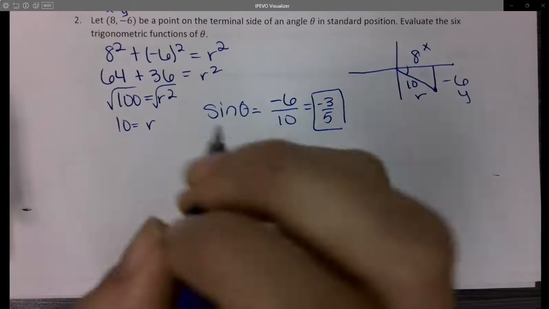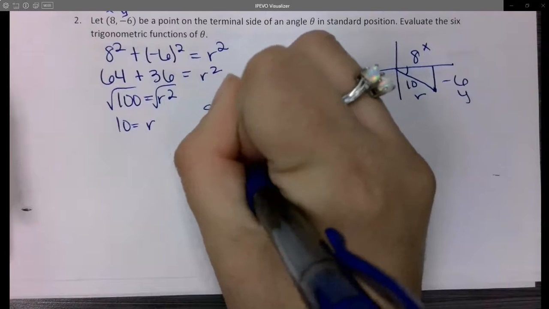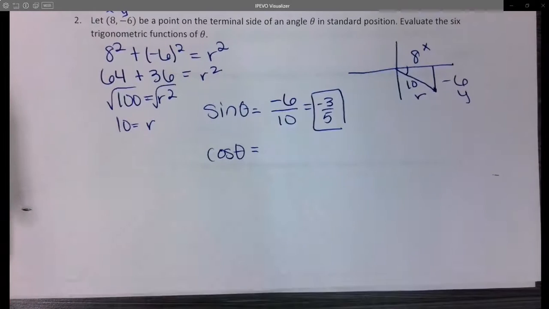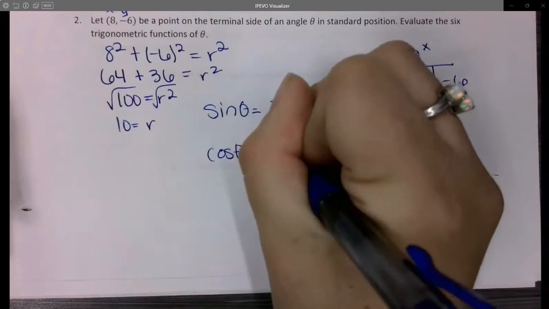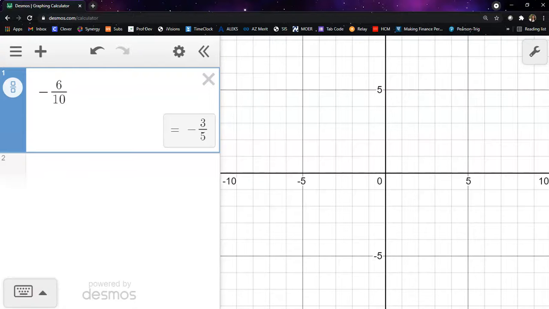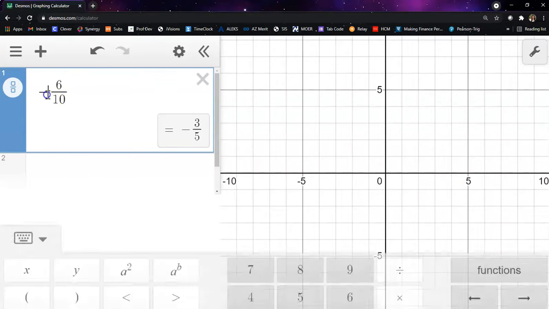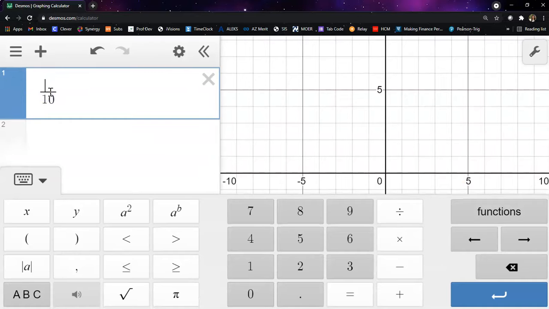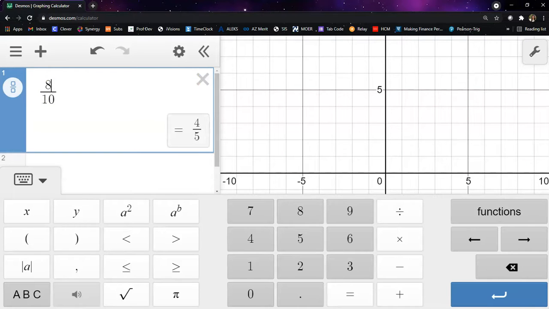I can go ahead and do the same thing for cosine. This one is x over r, or adjacent over hypotenuse. This x is 8, the r is 10. This one will simplify again, so I can type it into Desmos, which gives me 4/5.